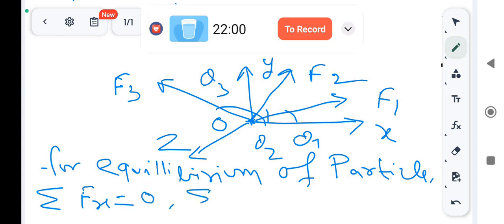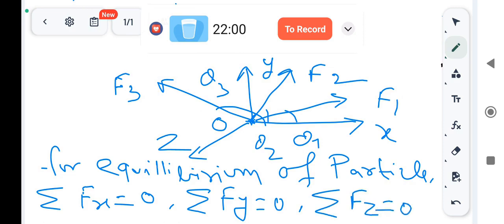Second, the algebraic sum of all forces along the y direction must be zero. And third, the algebraic sum of all forces along the z direction must be zero.